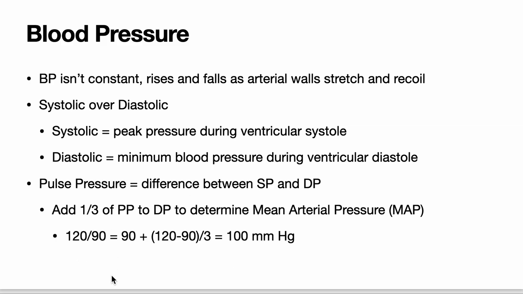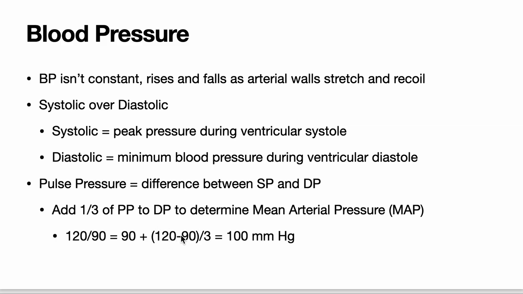So what we see down here in this little equation, right here it says add 1/3 of pulse pressure to diastolic pressure. Our diastolic pressure is 90. So to figure out MAP, we're going to take our diastolic pressure, which was 90, and add 1/3 of the pulse pressure. Pulse pressure is the difference between SP and DP, so that's 120 minus 90.